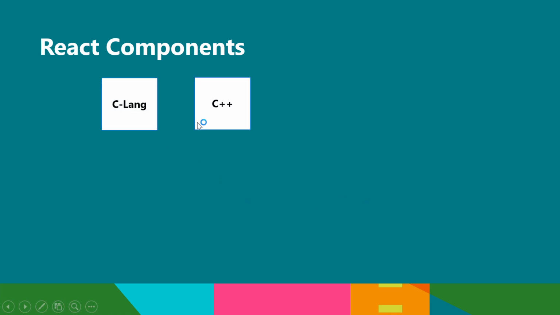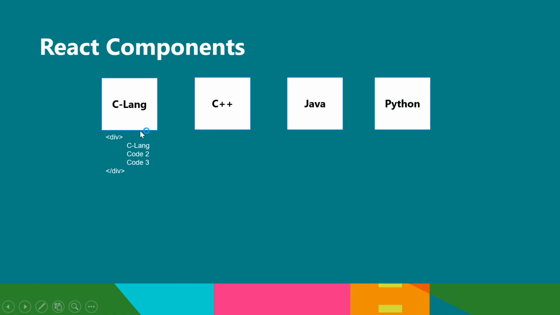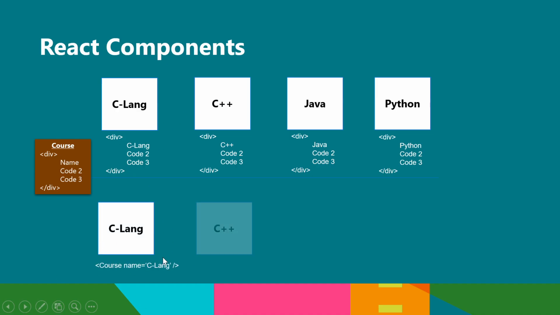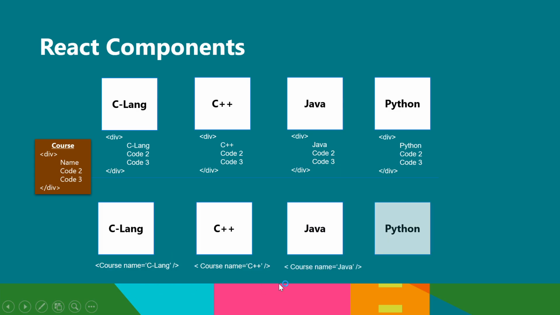C, C++, Java, and Python are the older approaches to writing this kind of code. By using React, we can write this directly in a single line.